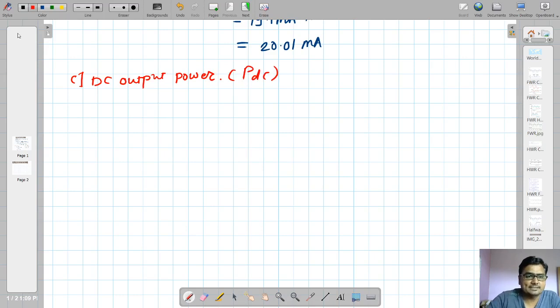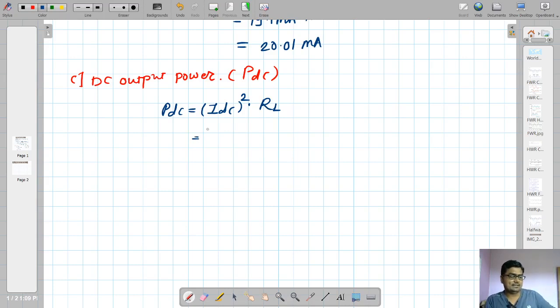Now what is PDC? We have the equation to calculate PDC. PDC is equal to I square RL. It means IDC square multiplied by the value of the load resistor. Now see, what is the value of IDC?